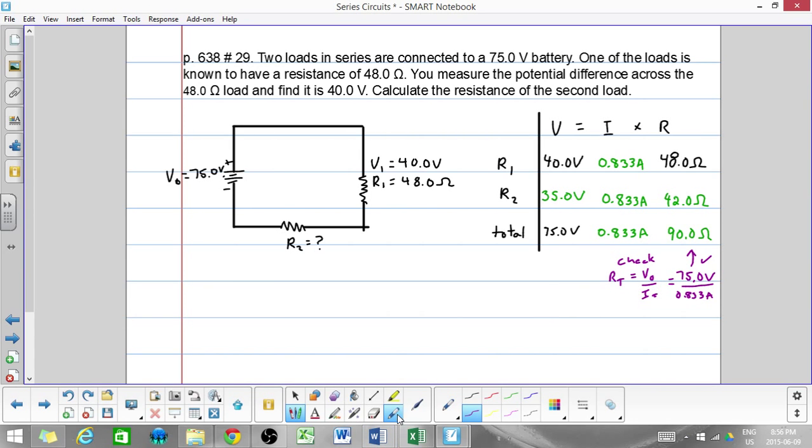So what were we asked for anyway? Calculate the resistance of the second load. 42 ohms.